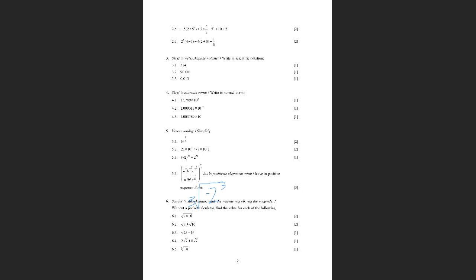Then this one I can write it like this. Negative 2 root 3. When it comes down, it becomes a division. So it will be negative 2 exponent 3 times 1 over 3 like this. 3 will cancel 3. I'll be left with minus 2 like this. Can we see that?